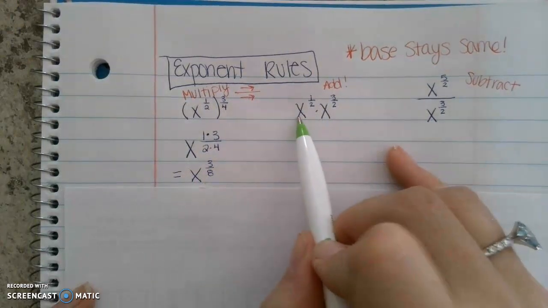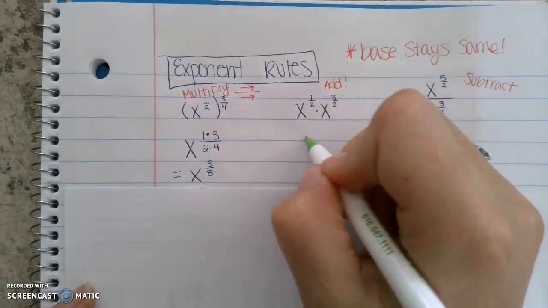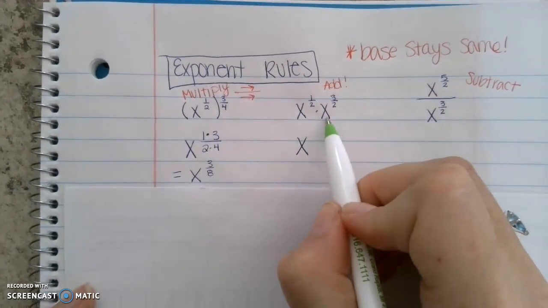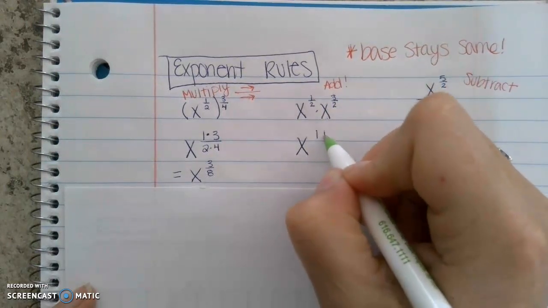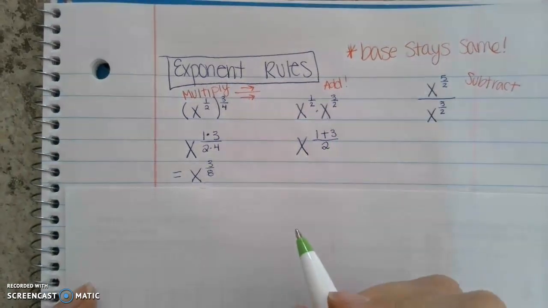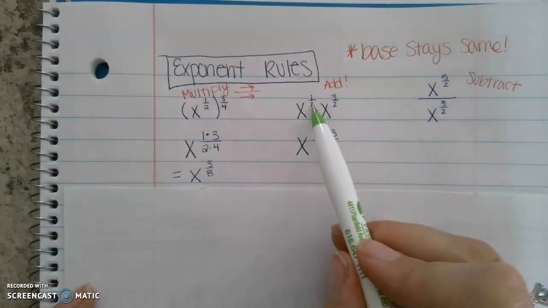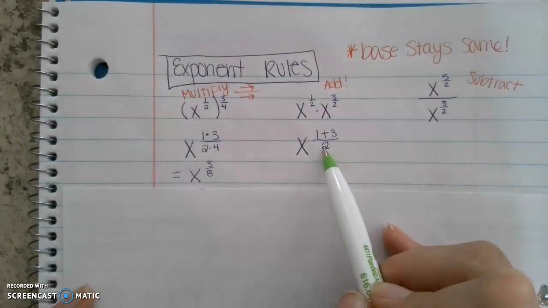All right, now I'm multiplying 2 bases together, so now I'm going to add my exponents together. Again, base stays the same, x to the 1 plus 3 over 2. Okay, whenever you add fractions together, the denominator stays the same. That never changes.